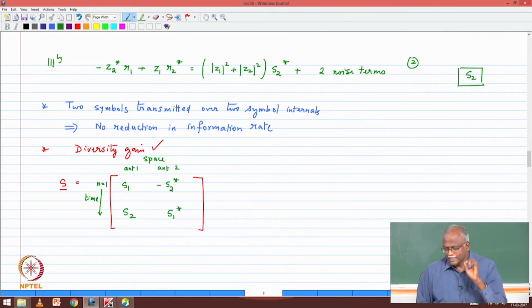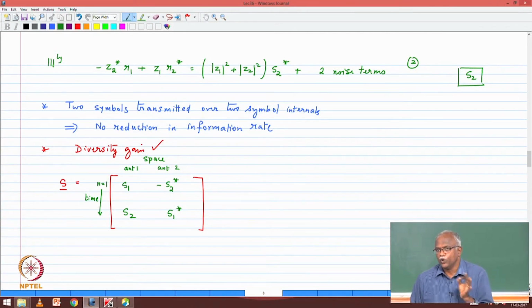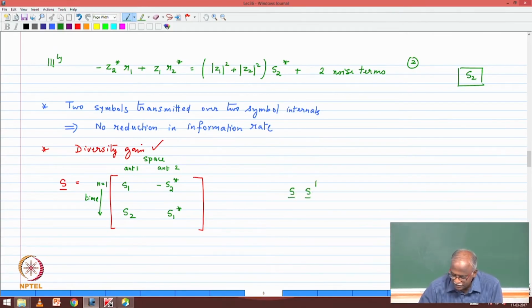So instead of just transmitting S1 and S2, over a 2 symbol period, you seem to have transmitted a 2 cross 2 matrix. But it's very important to note that this matrix is not just any matrix, it's got a very important structure, which is the orthogonality structure. S times S Hermitian, or if you want to take S Hermitian times S, you will find is equal to mod S1 squared plus mod S2 squared times the identity matrix.